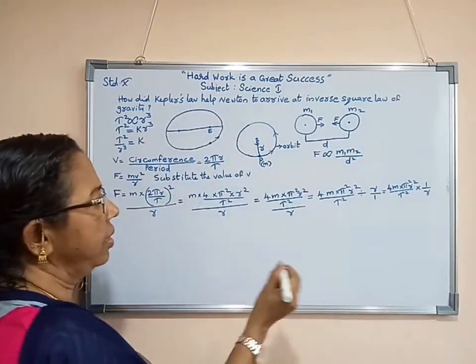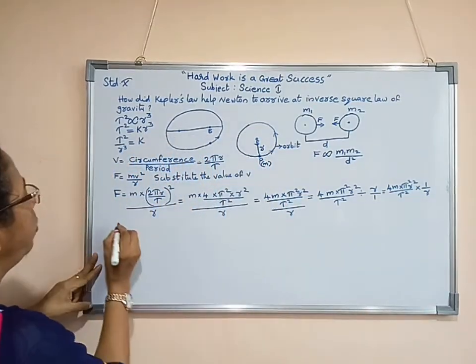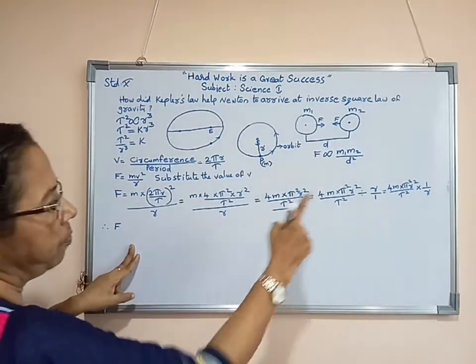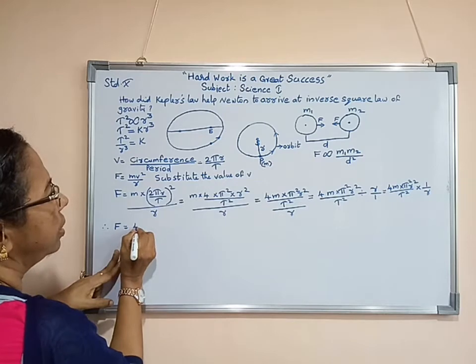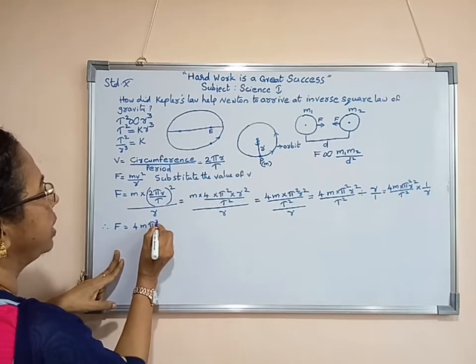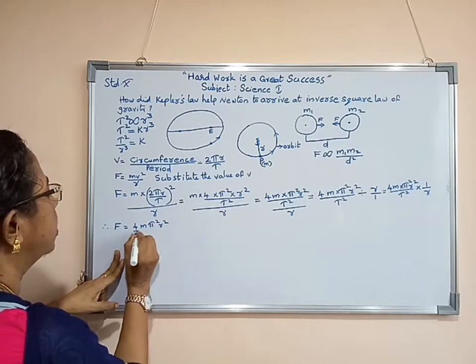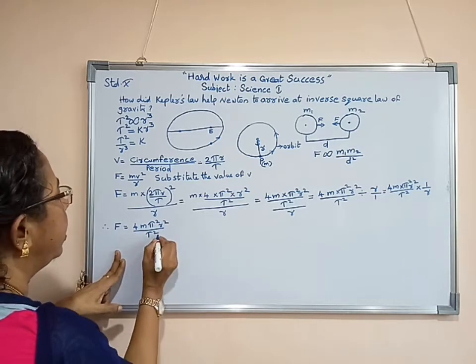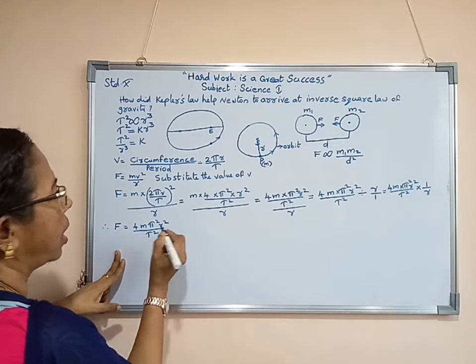Now we will calculate it. Therefore, F is equal to 4m pi square r square upon t square into r.